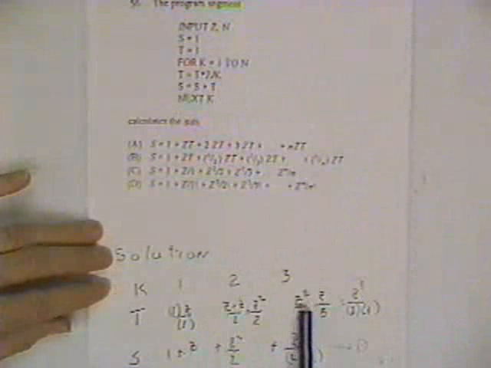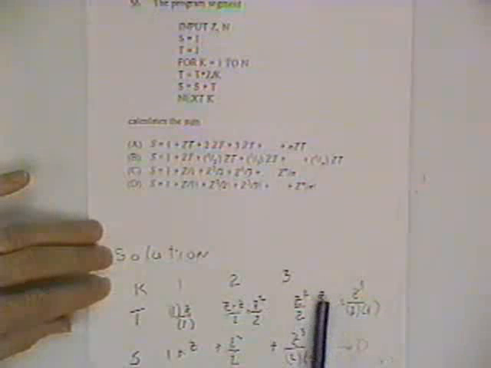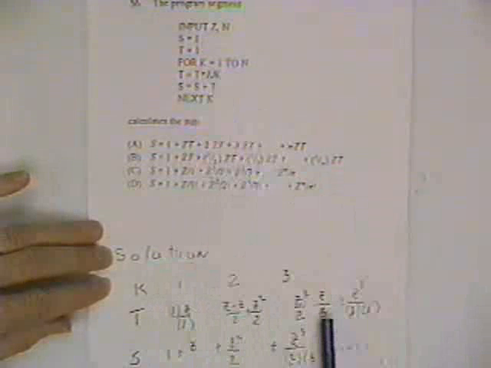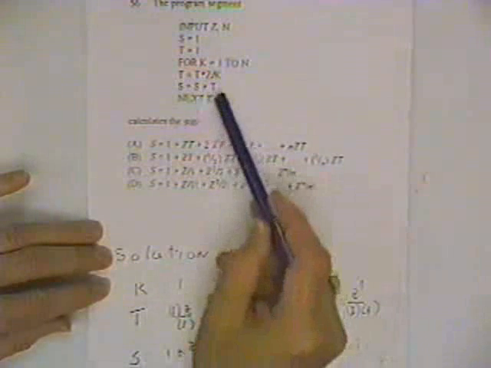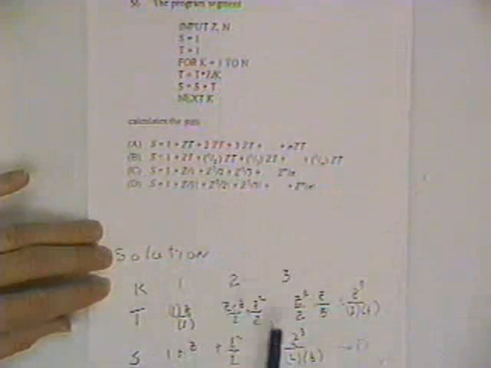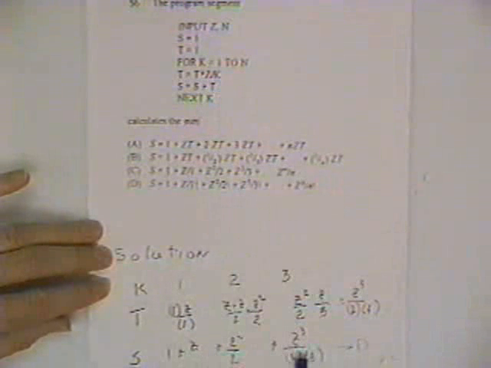You then continue and calculate a new value of t, which is now going to be the old value, z squared over 2, times z divided by the value of k, which k is now 3. So we end up with z to the third power over 2 times 3. We come then down, increment s. S is the old value, which is this part, plus t, which is this part, and that continues.